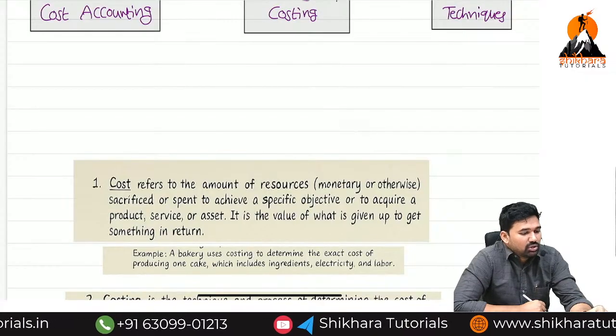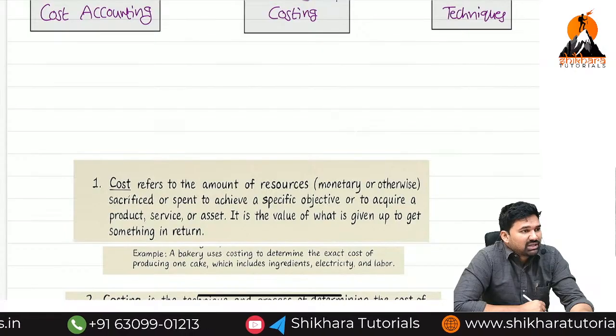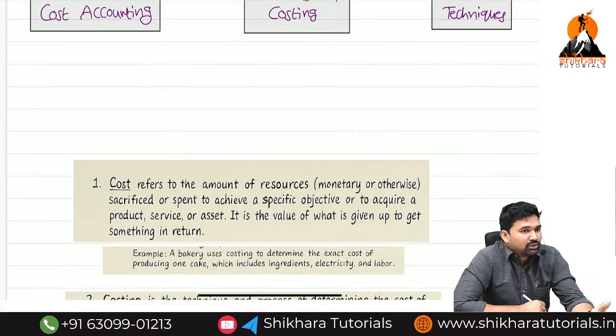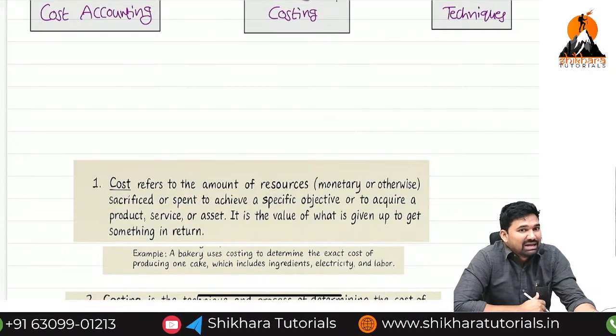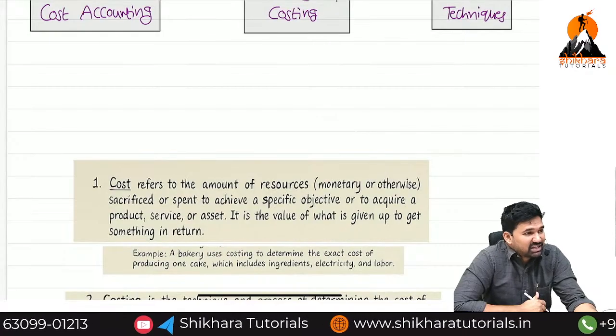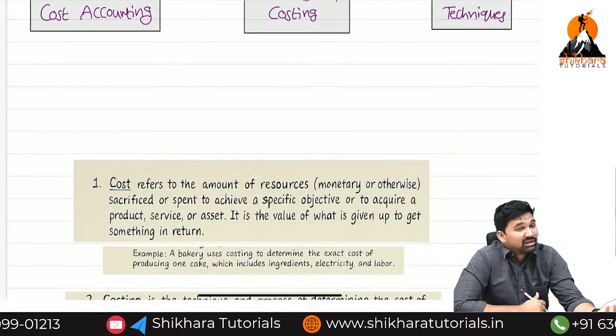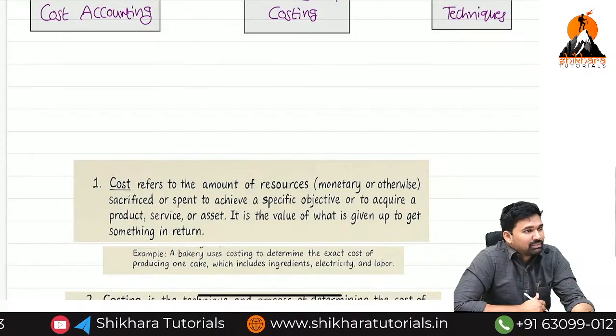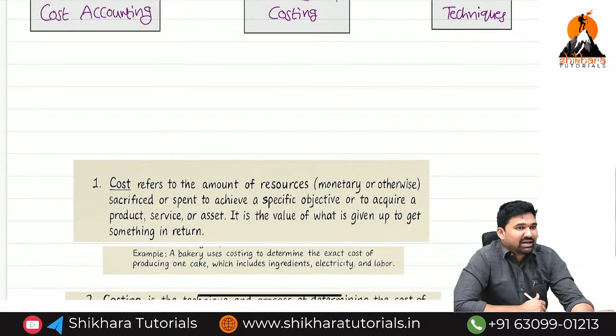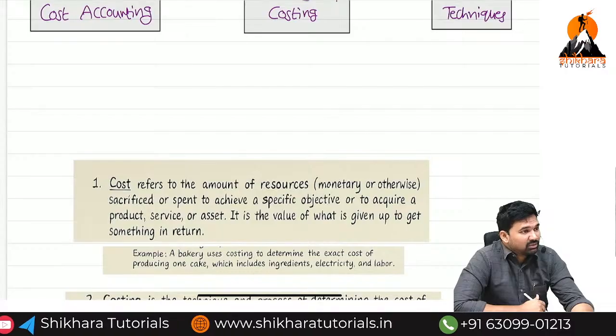Clear? So if you don't start the office in that building, what would you have done? You would have leased that second floor for another person's office purposes. So you might have got some income in the name of rent.